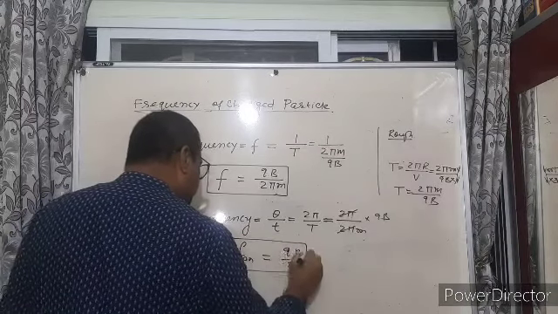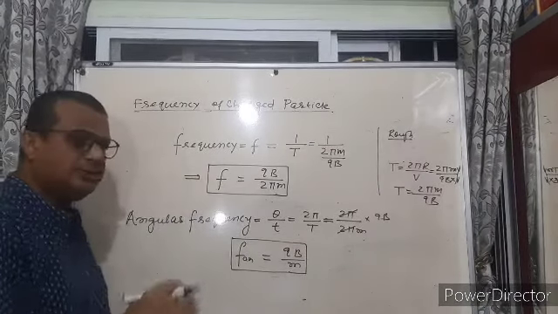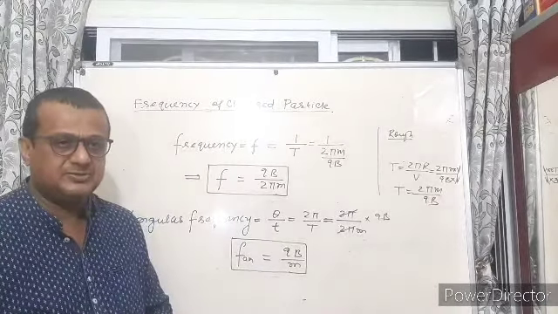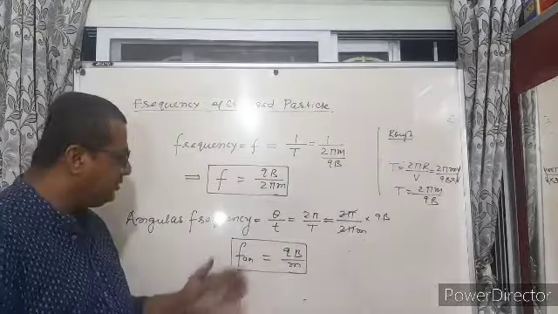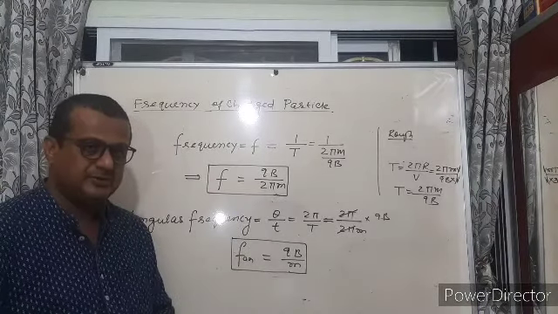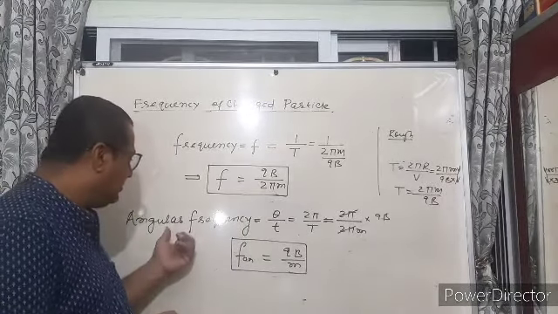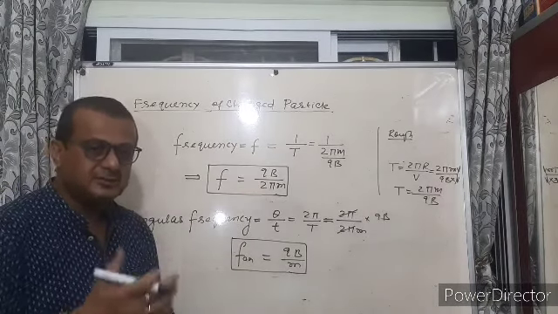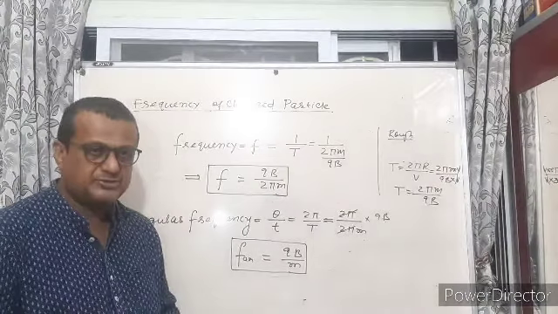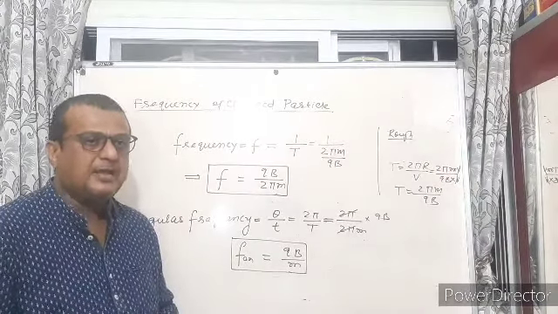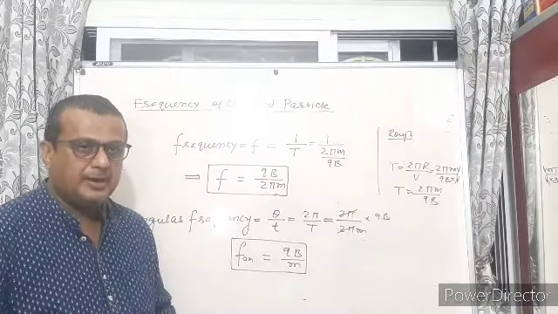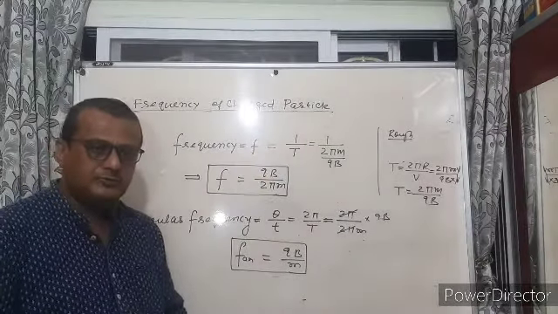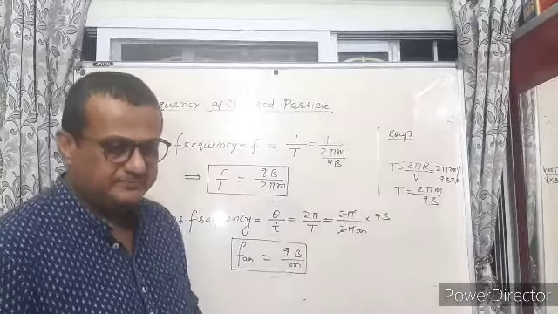So be careful, in the question whether frequency is asked or angular frequency is asked. You have to see this is the angular frequency and this is the frequency. The difference is that this is the angular form and this is in cycles form. Cycles means how many rotations are taken by the particle. So see the difference, and according to which you have to give the answer.